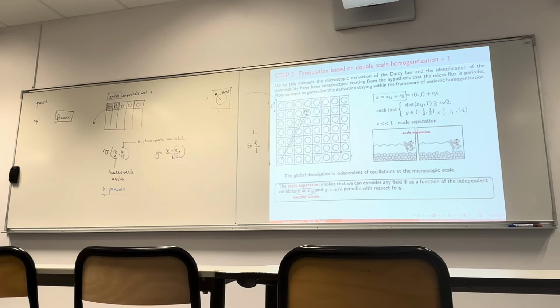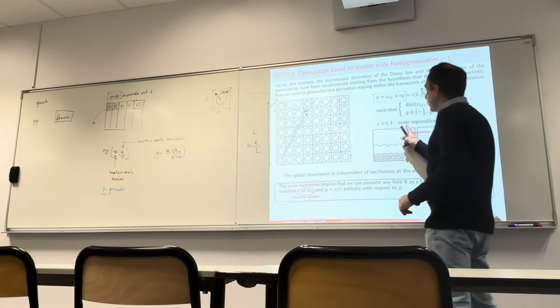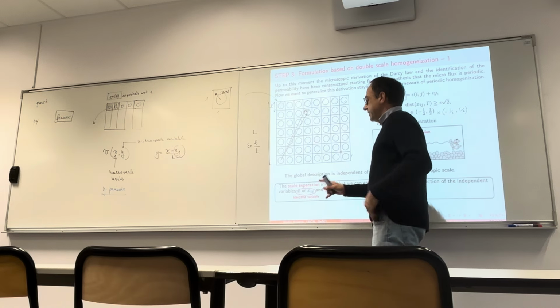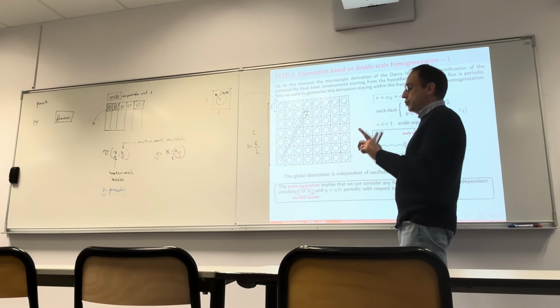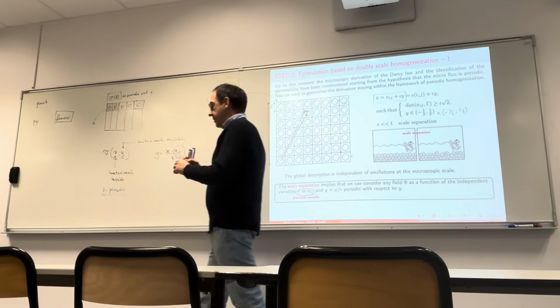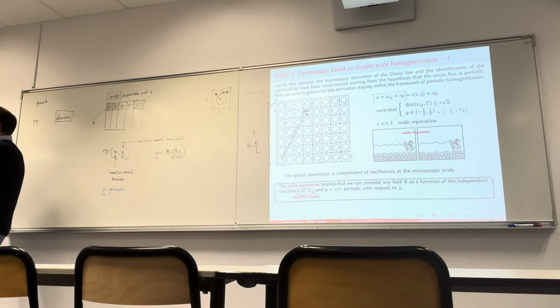Yeah, this is because the idea is exactly this: as we are introducing this scale separation, what we are saying is that essentially the velocity is the superposition, the pressure too. To characterize the variability of the velocity, there are two effects.